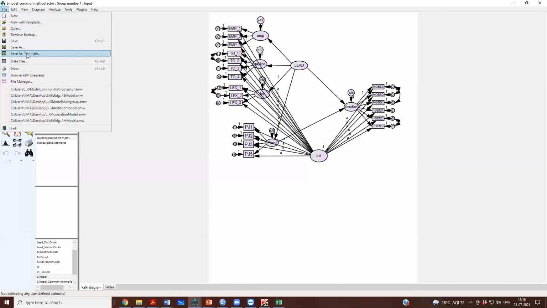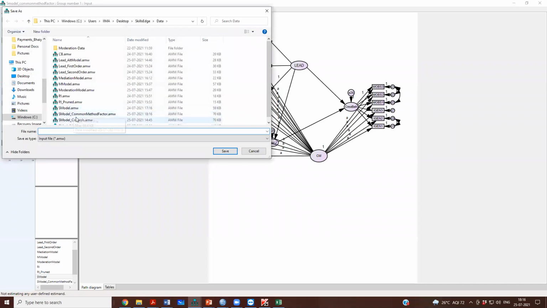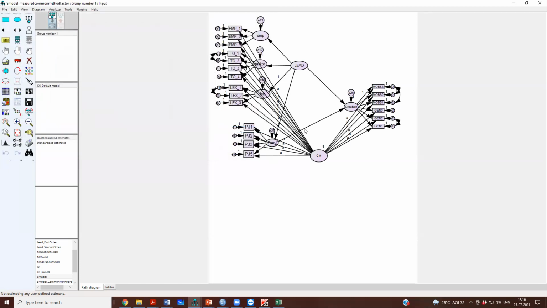Now let me also save this as one more factor, and I will call this measured common factor. So let us say, just for our analysis, that in this case MOBS 1, 2, and 3 were items.